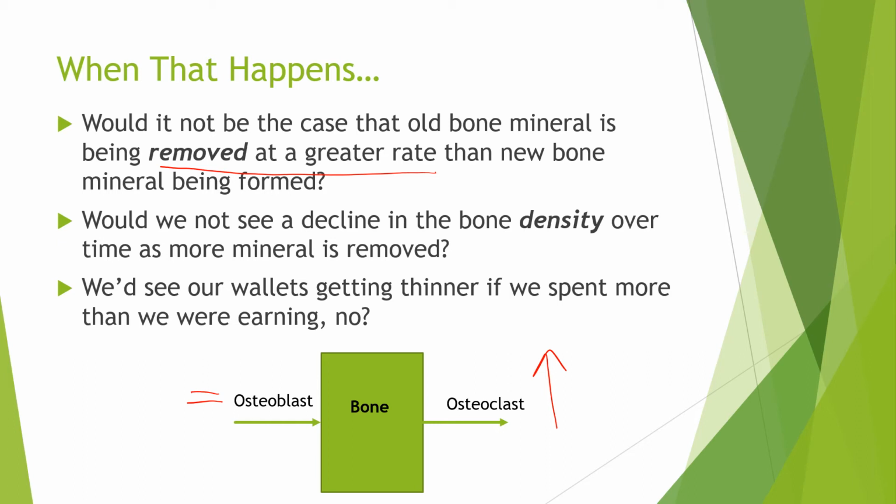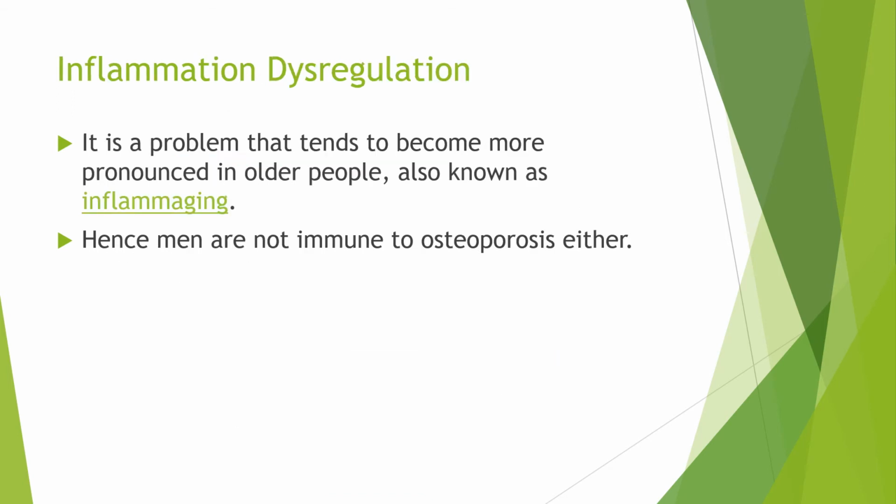As a parallel, if we were to look at our wallets and our bank accounts, wouldn't our wallets get thinner if we spend more money than we were earning? We would see that they would become thinner, or we would see our bank accounts depleting over time. Unfortunately, inflammation dysregulation is a problem that tends to become more pronounced in older people, and one common term for it is inflammaging.